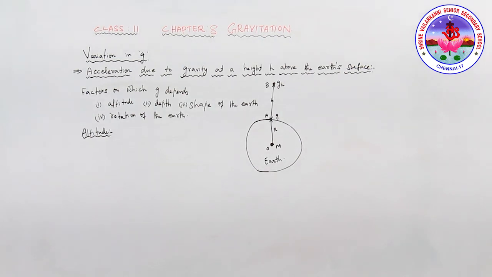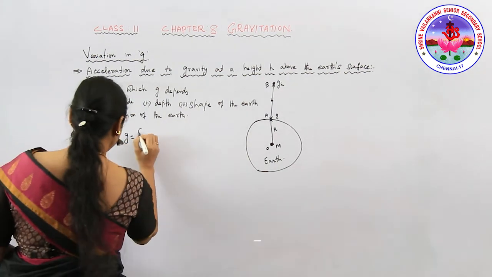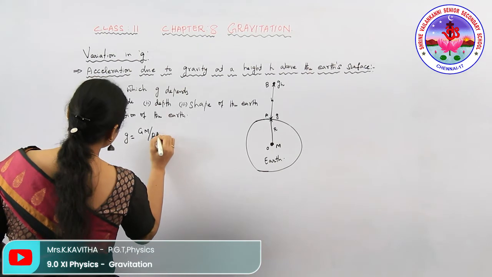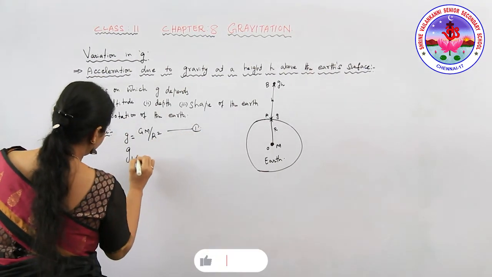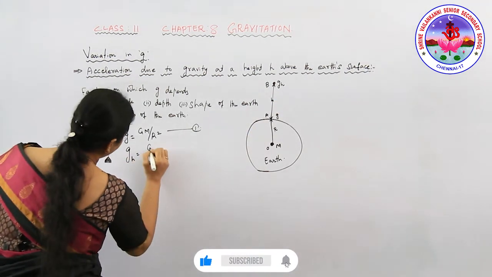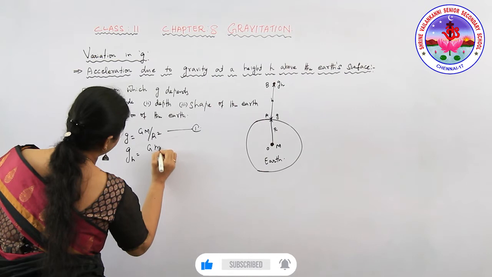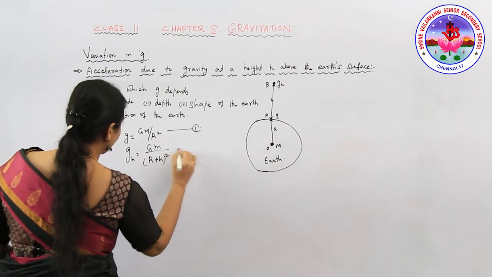to be a sphere of mass m and radius r, center O. Then the acceleration due to gravity g is equal to GM by r square. This is the first equation. Suppose gh is the value at height h; then we change r to r plus h, so gh = GM by (r plus h) whole square.